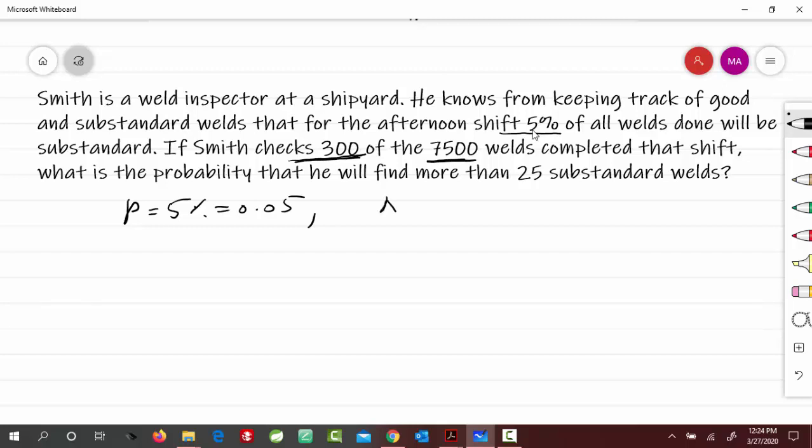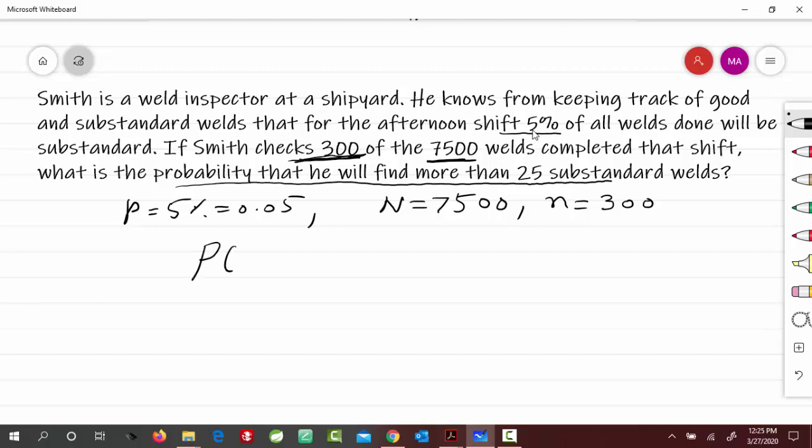So population size, uppercase N, is 7,500, and the sample that he is checking has size 300, so lowercase n is equal to 300. We have to answer the probability that he will find more than 25 substandard welds, so the probability that the sample proportion is more than 25 out of 300. This is what we have to find.